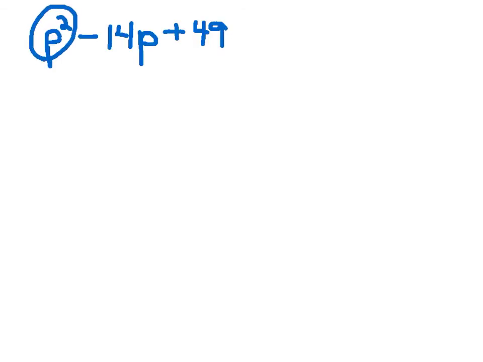So if we look at one of the problems, p squared minus 14p plus 49. To find out if it's a perfect square trinomial, you want to say, is this a perfect square and this a perfect square? The answer to that is yes.